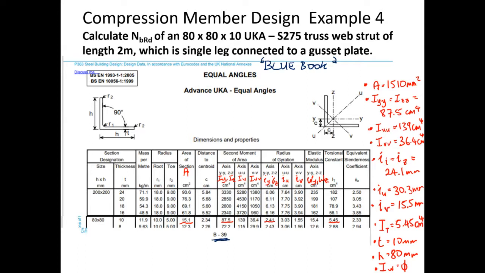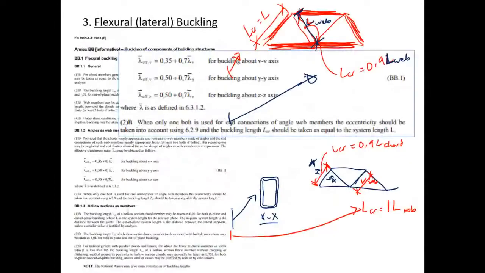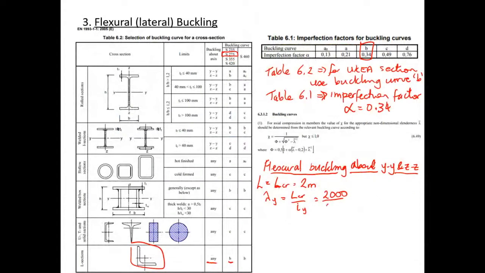That's i_y. Okay, so there it is, 24.1 millimeters. So 2000 divided by 24.1 gives us 83.